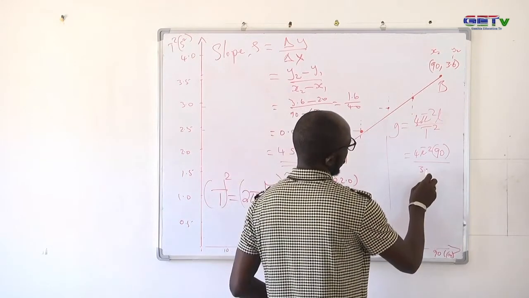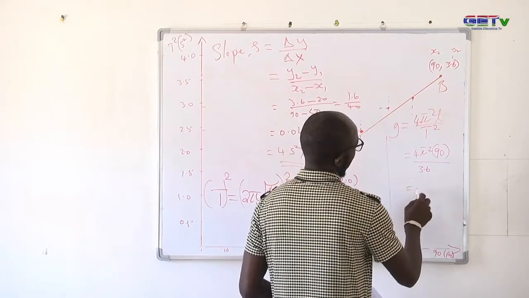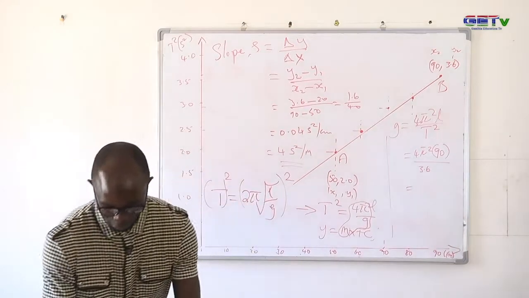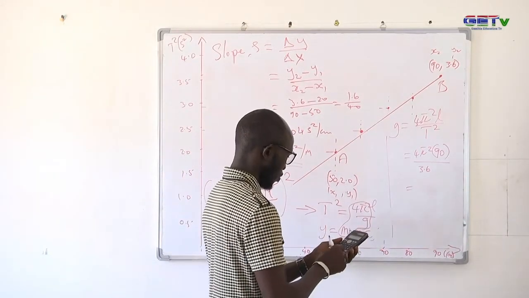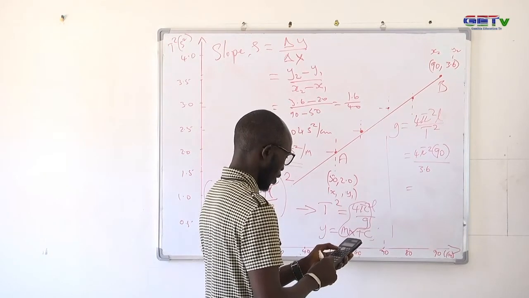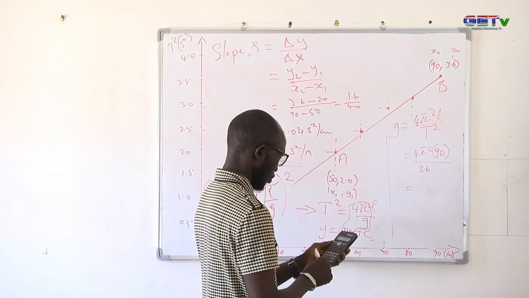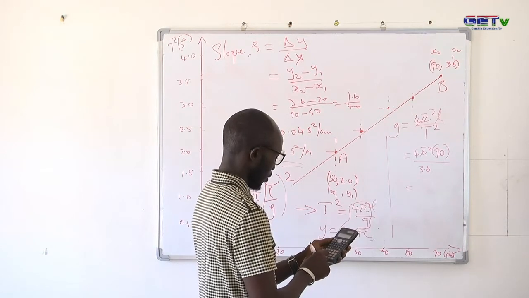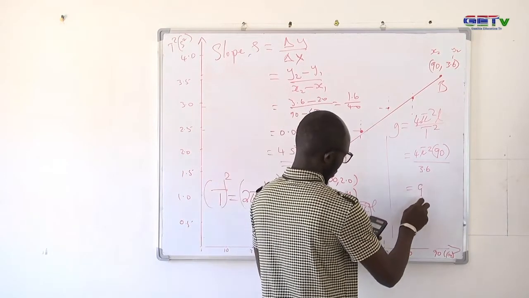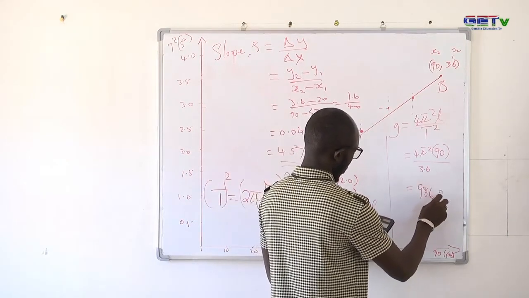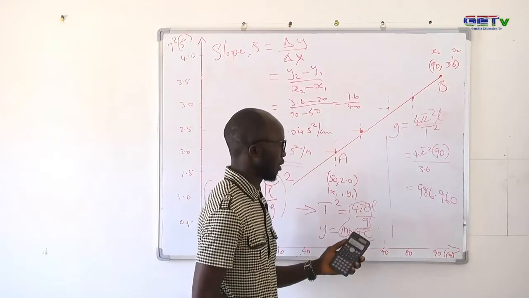We'll take 3.6 for T squared. Let's see what we get. 4 pi squared times 90 divided by 3.6. We get 986.960. So this is the value that we have for g.